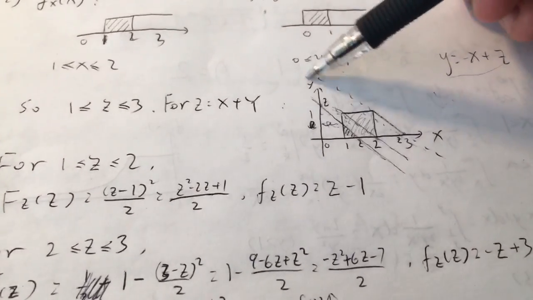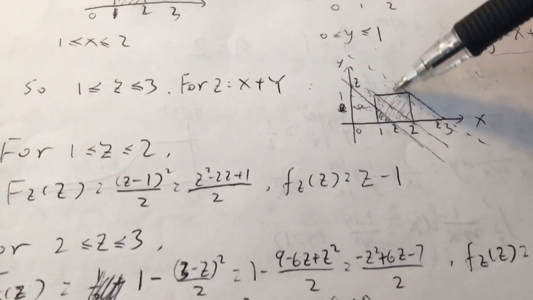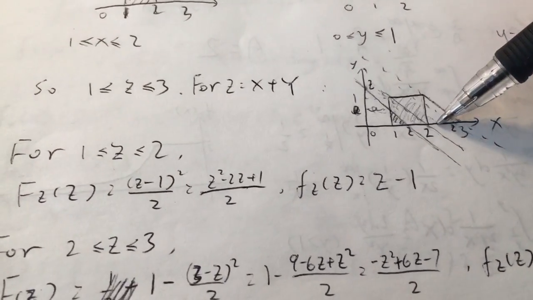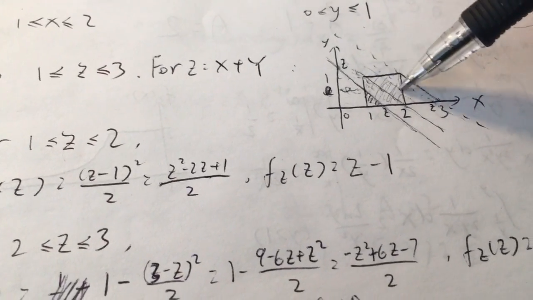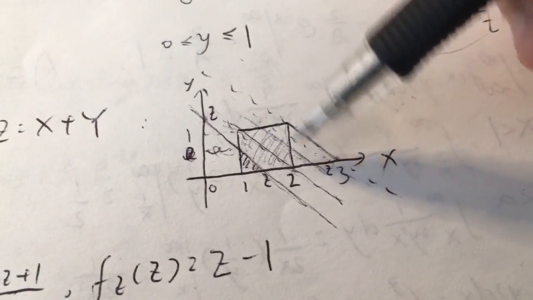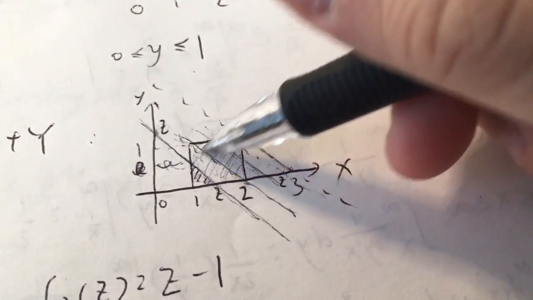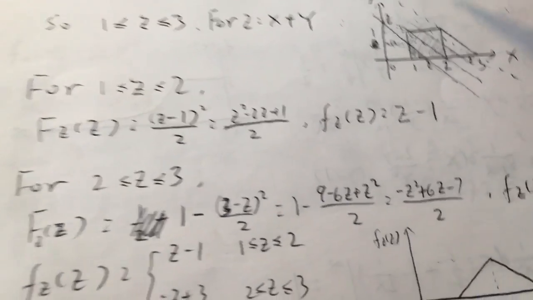For the other case, z is no less than 2 but less than 3. Actually, it should be like this. The line should be like this, and we need to get the area of this picture. It's very easy.